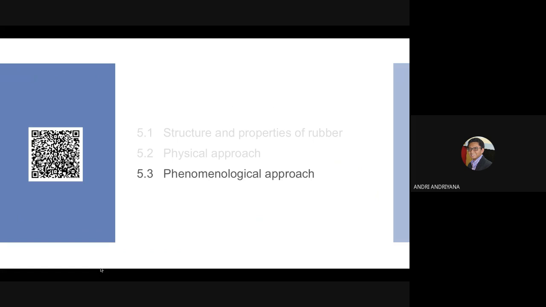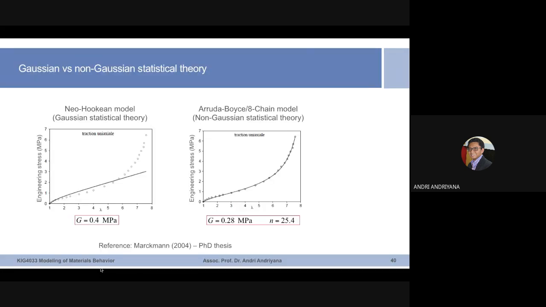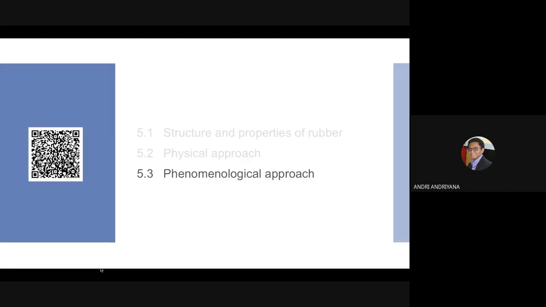The idea is simply, can I come up with mathematical equations such that, when I compare with the experimental findings, I have a good match, like for instance in the 8-chains model. That's the whole idea, without the need to look at the microstructure. Okay, so that's how engineers do it.